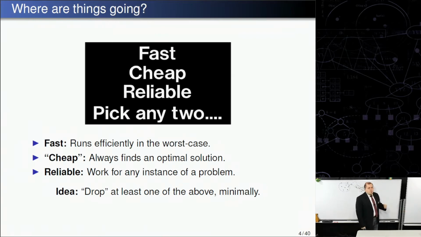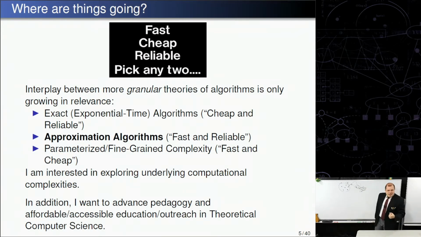I'll talk more about that in a moment. The big point here is that we would like to drop one of those three constraints minimally. That's what a lot of theoretical computer scientists that study algorithms try to do these days, to better understand the underlying complexity of said issues.